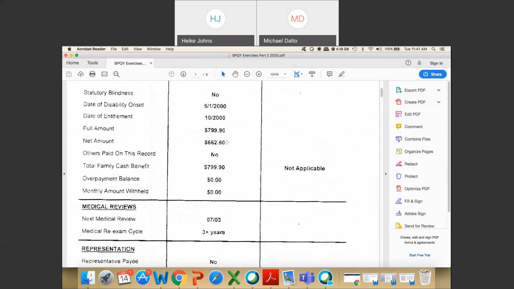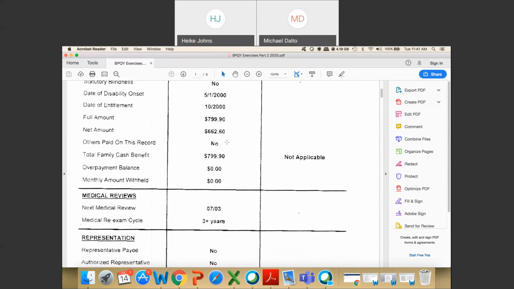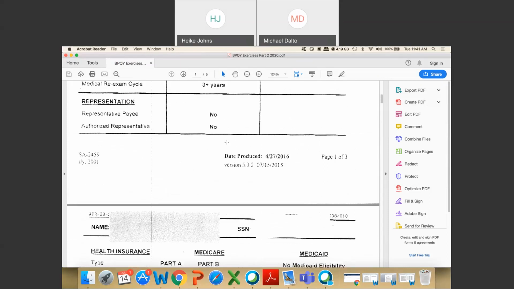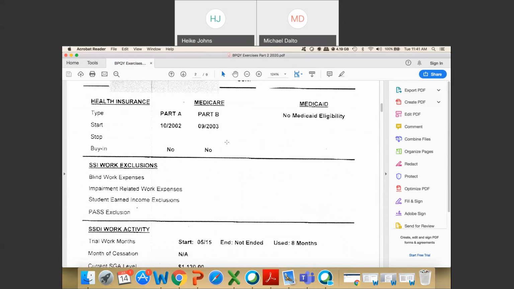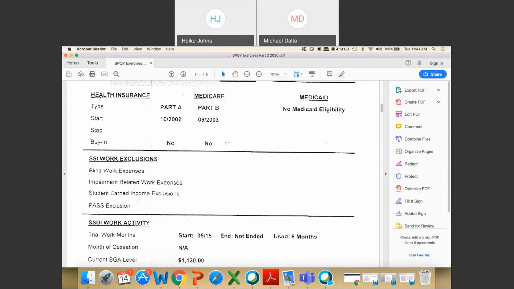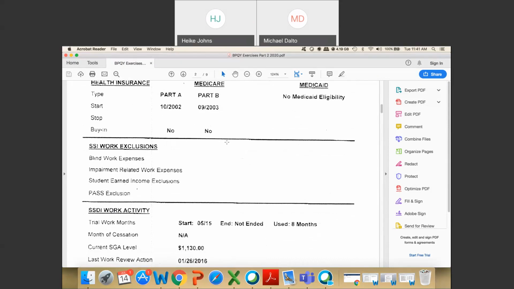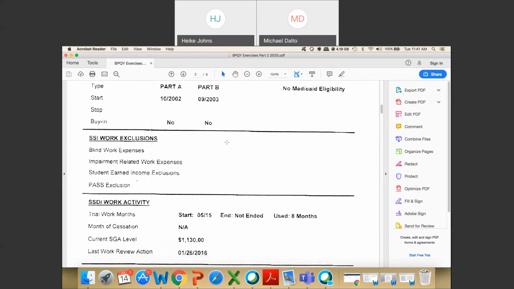There's a penalty of 10% for each year that you enrolled late for Medicare Part B in some cases, unless you are enrolled in a Medicare savings program or another program that would pay the Part B premium for you. So this person actually is paying a higher Part B premium because they waited an extra year to enroll in Part B.